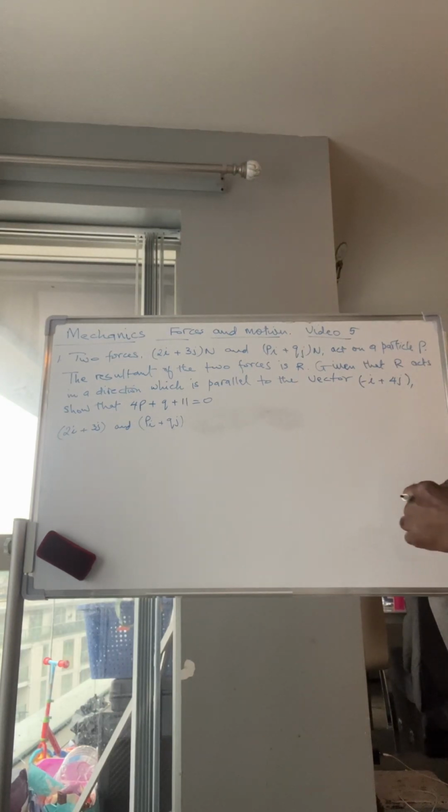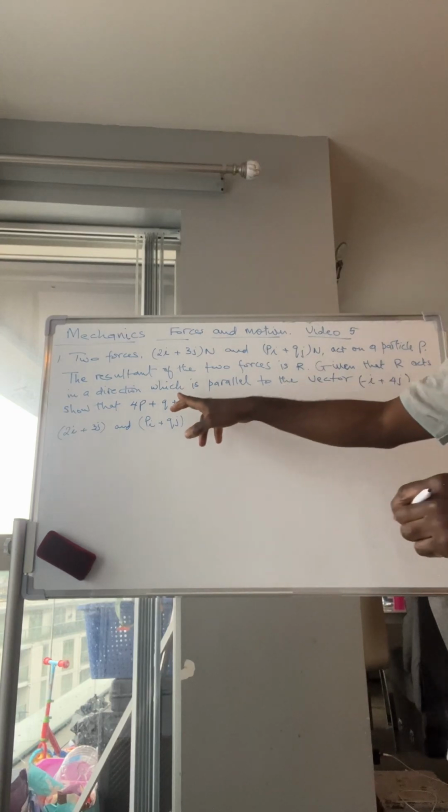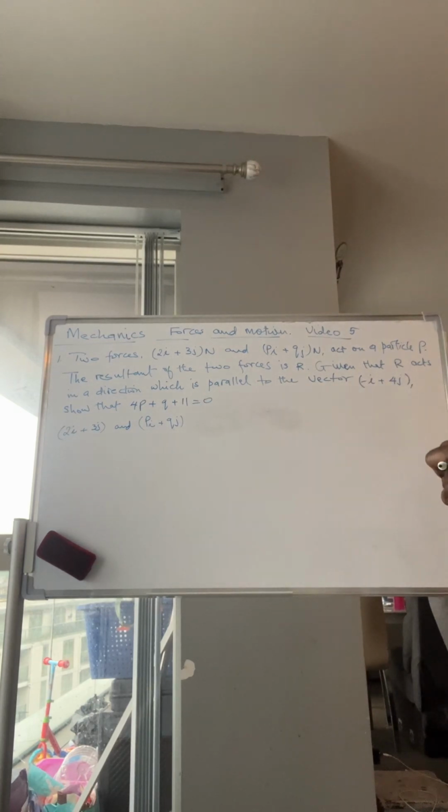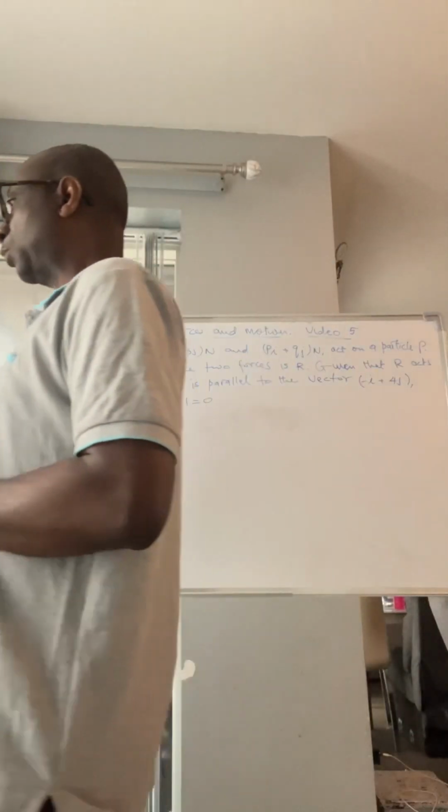But the interesting part is, it says given that R acts in a direction which is parallel to the vector -i + 4j. So when do you say two vectors are parallel?